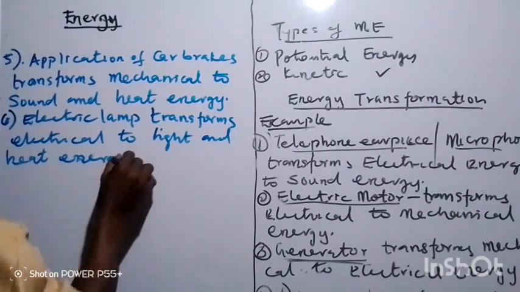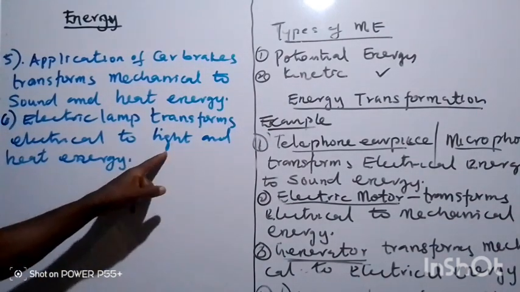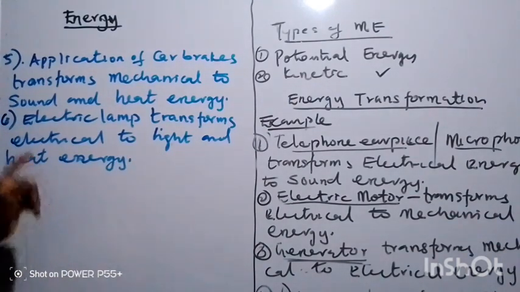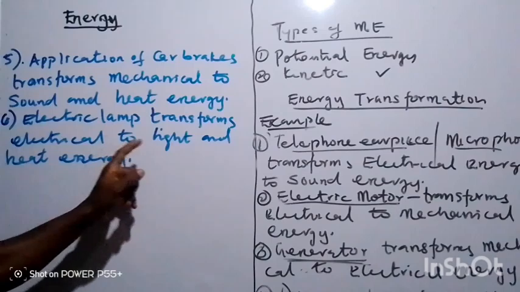That is, when you switch on electric lamp, leave it for some time, immediately it will produce light, leave it for some time, touch it, it will produce heat. So it will transform electrical energy to light and heat energy.